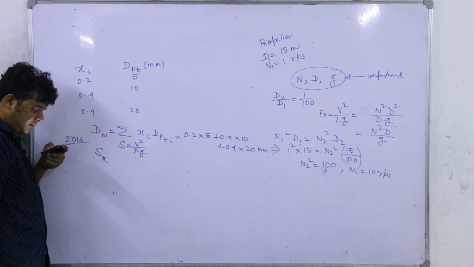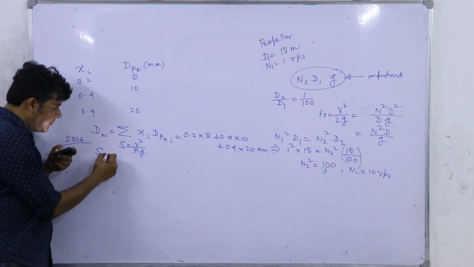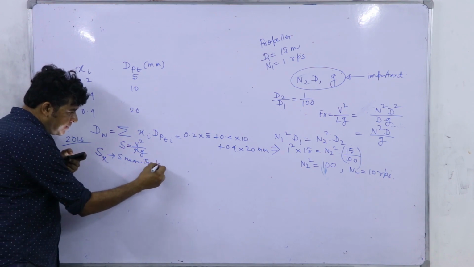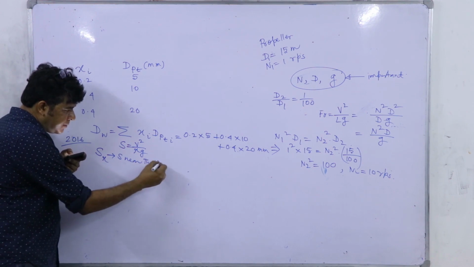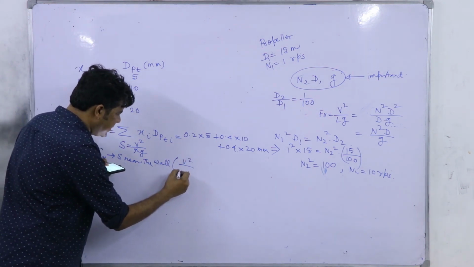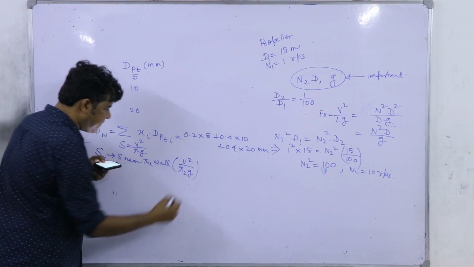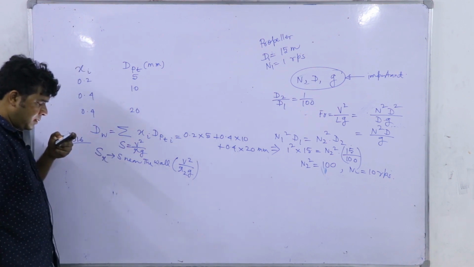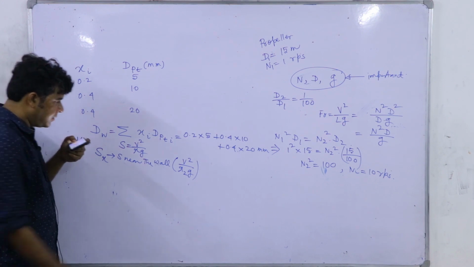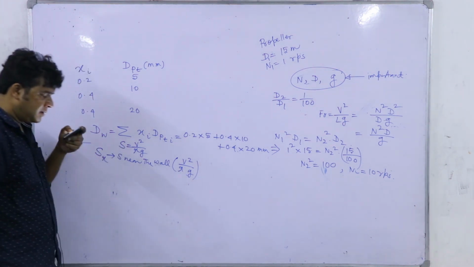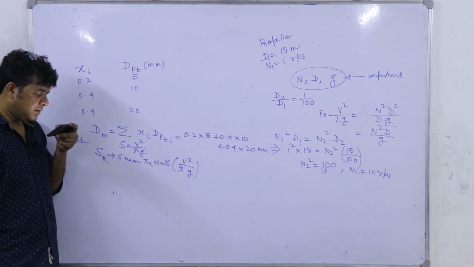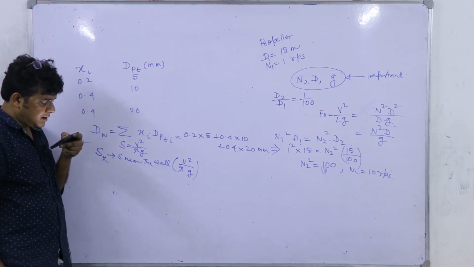SR denotes the separation factor at a location near the wall. S near the wall is V squared divided by R2 g. That is at a distance R from the center of the cyclone. Which of the following propositions is incorrect?